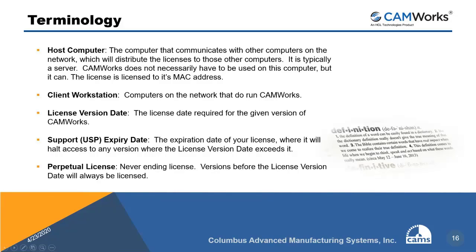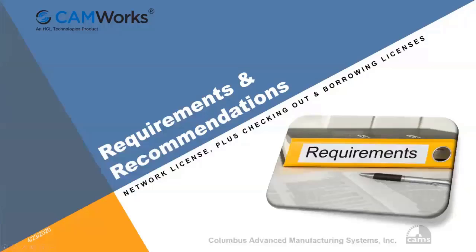Okay? You cannot run any version of software that comes out after your USP expiration date, is what that means. So every software version and service pack has its different license version date requirement. So I hope that clarifies some terms here.